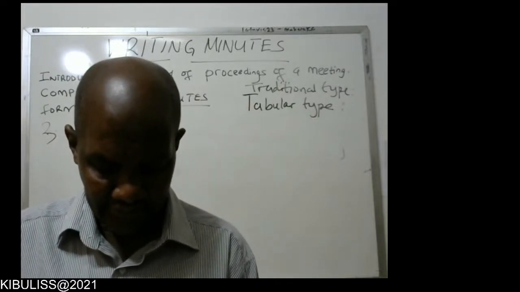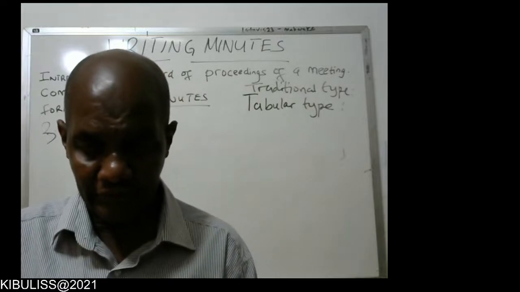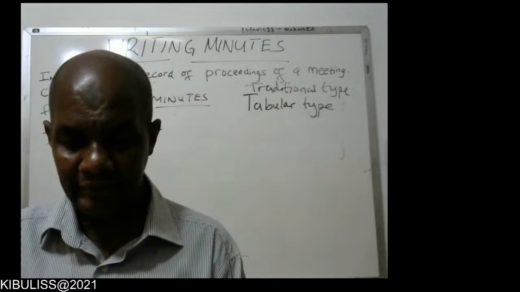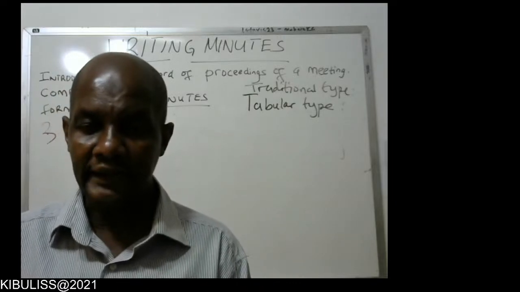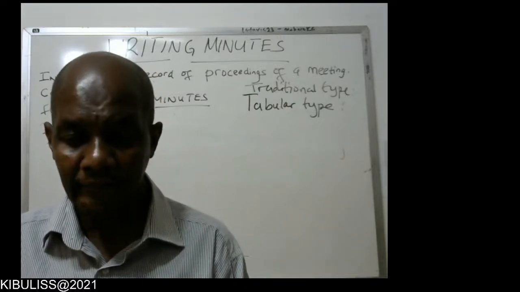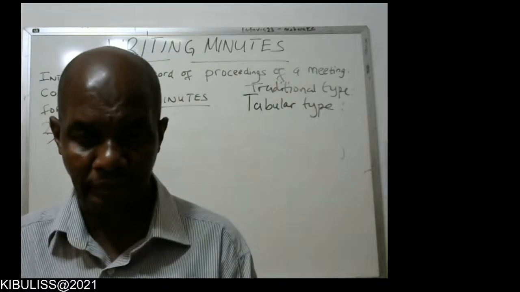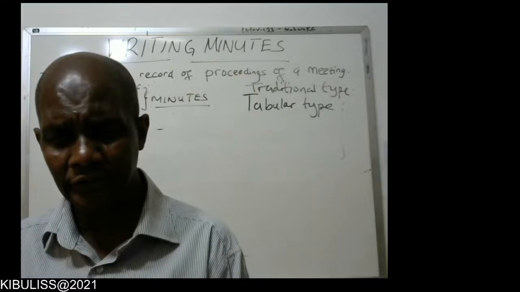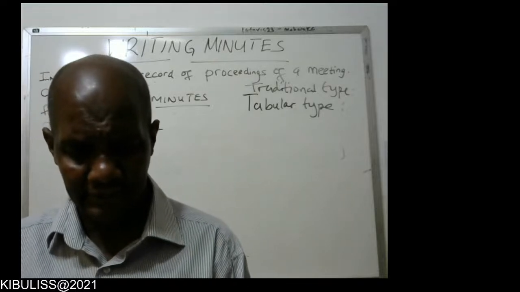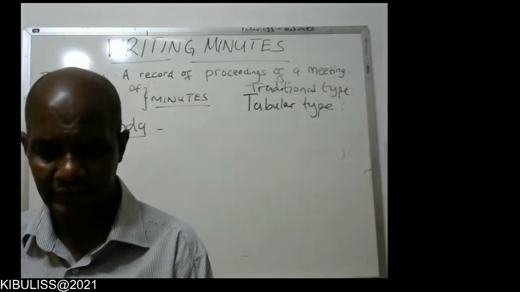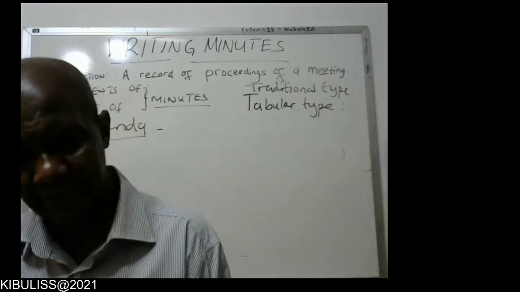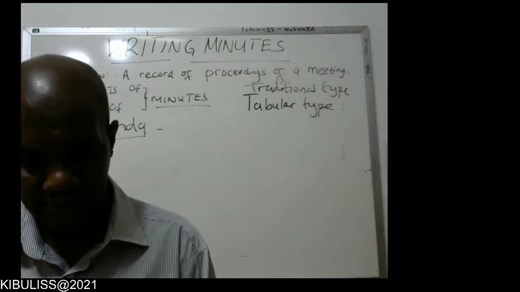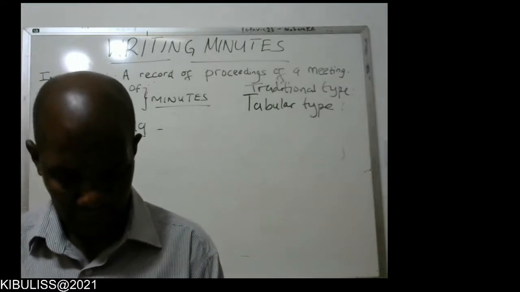But just as an explanation, the minutes are not signed at the end of your meeting, but they will have to wait for another meeting of the same group whereby members will now confirm, yes, when we met 2 weeks ago, this is exactly what we discussed and it is what the secretary recorded. Once the members confirm that, then you sign. But they are signed in the next meeting. They are not signed immediately.